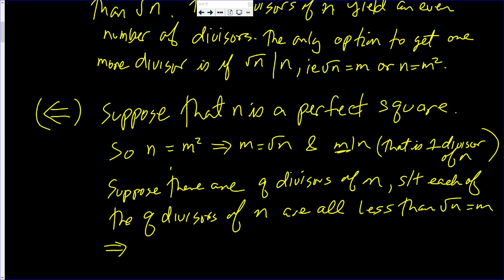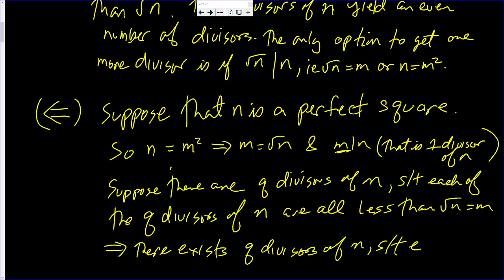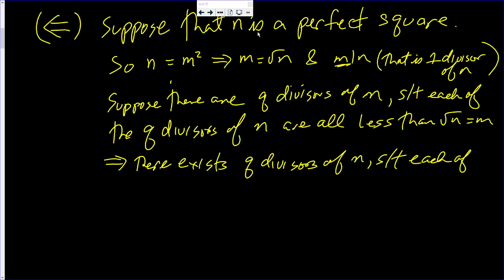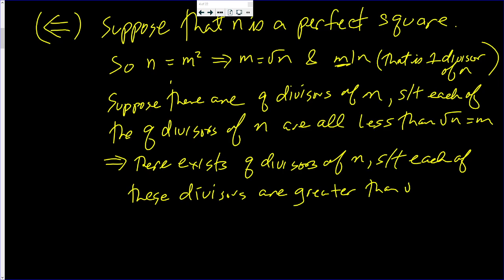But that implies that there exists q divisors of n such that each of these q divisors are greater than the square root of n, which is m.